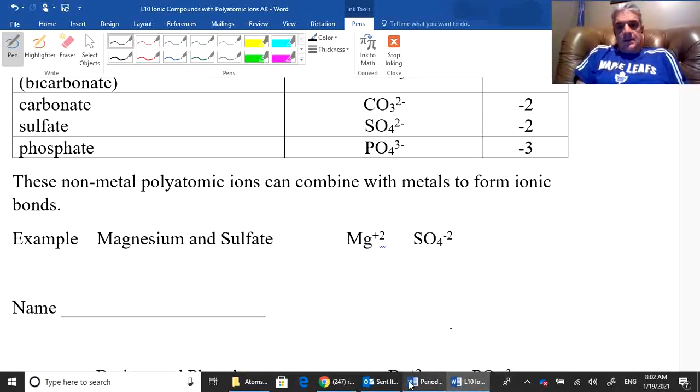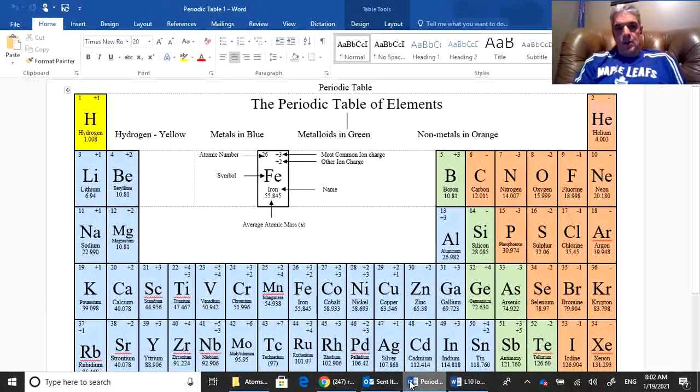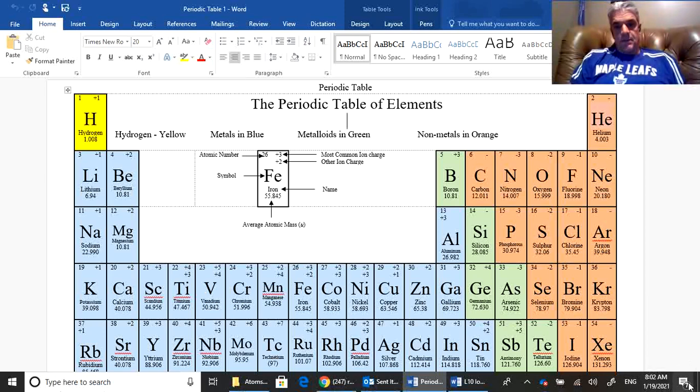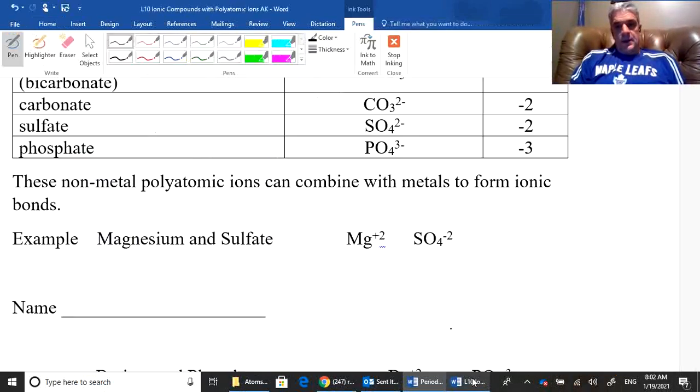I simply get that from my periodic table. Magnesium is +2. But you're not going to see sulfate on the periodic table, because sulfate is already a molecule of its own. So you have to look it up from this other table. That's why I provide this neat table that you're more than welcome to print off and keep handy at any time.